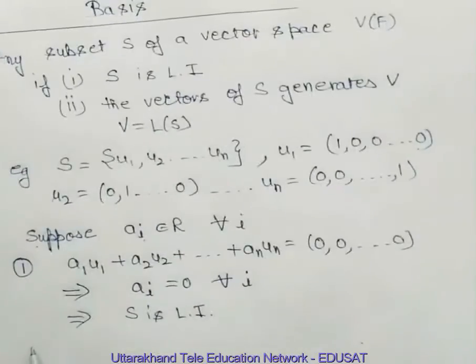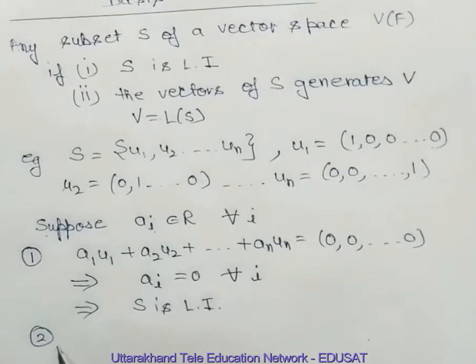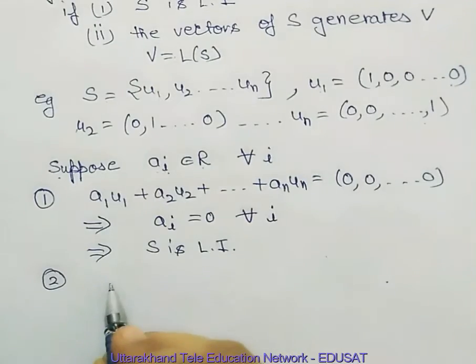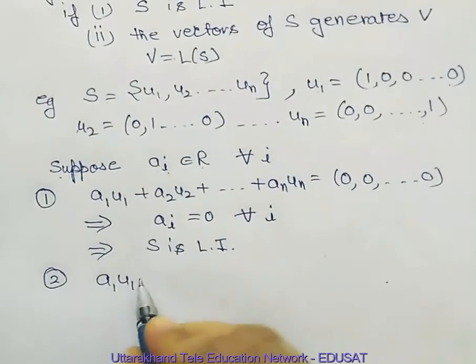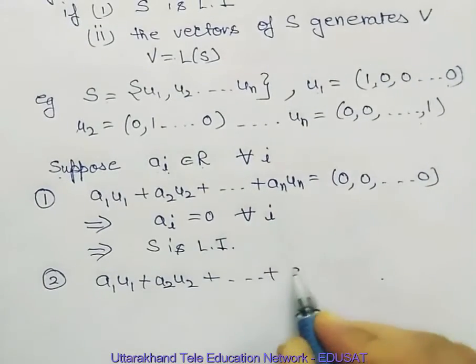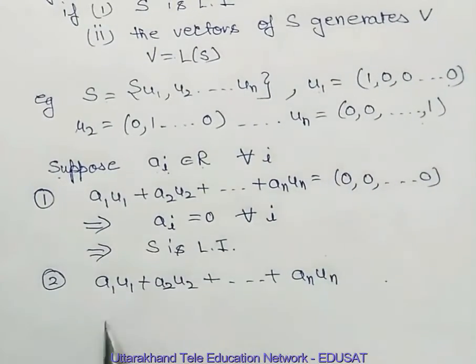Now the second thing, we have to find out whether S generates the vector space or not. For this, let us suppose we have a1 U1 plus a2 U2 plus and so on plus an UN. This is the linear combination.